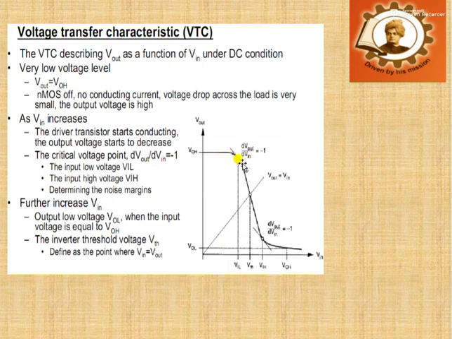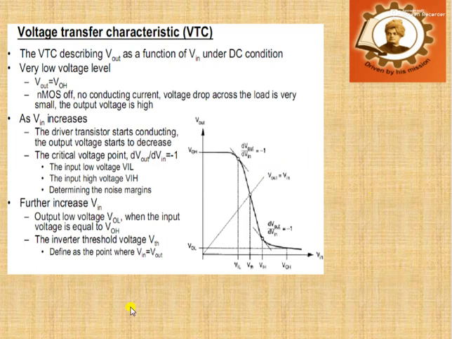Here the low input voltage is denoted by VIL and the high input voltage is denoted by VIH, and the output low voltage is VOL and the output high voltage is VOH. The threshold voltage of this VTC curve is defined as the voltage when V input equals V output. This is shown by this dotted line.